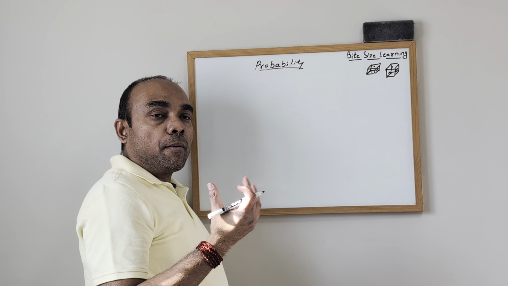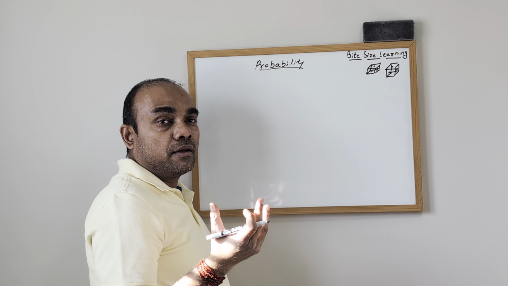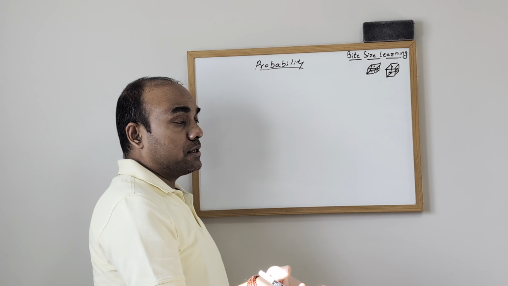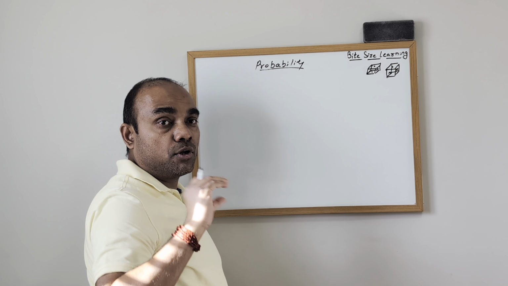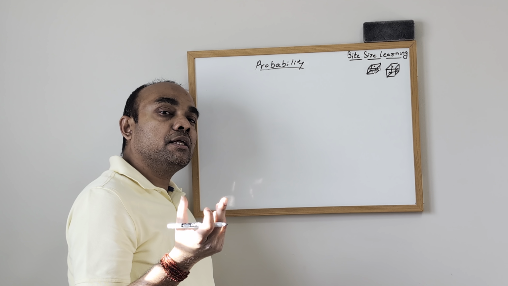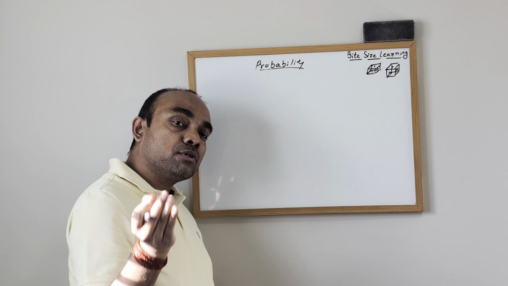So the number that you will get on a dice is between 1 to 6, right? I'm talking about a normal cubical dice. So any number that you can get would be between 1 to 6, right?